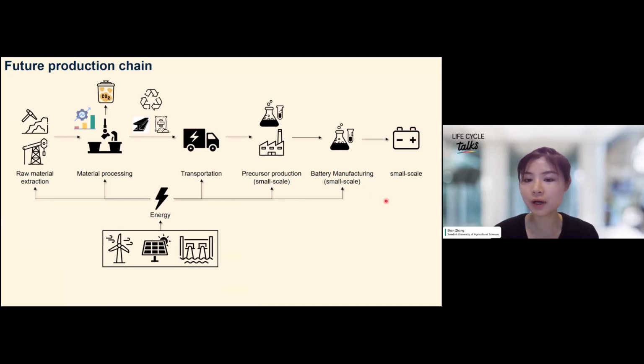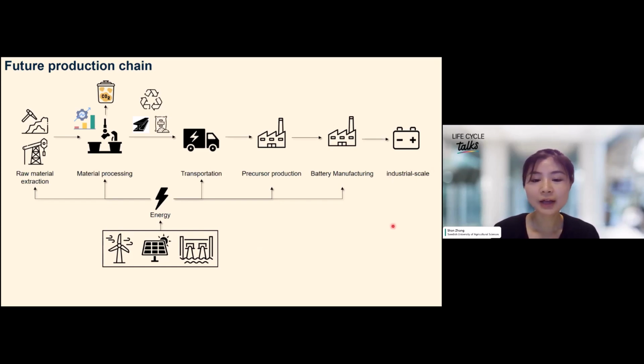These changes are related to the background. As for the foreground, they will be upscaled to industrial level, as well as the battery technology related data. It will be optimized to industrial scale, of course. So if we conduct LCA based on this future battery system, it is called prospective LCA.